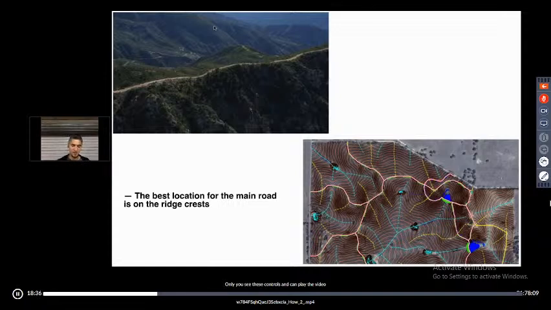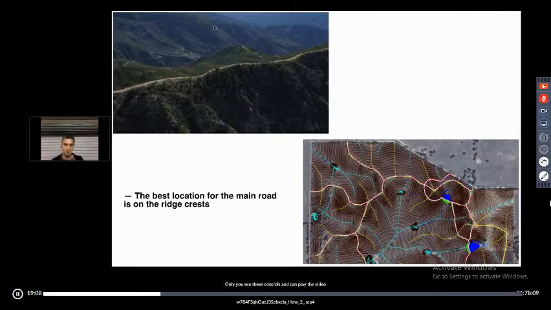They're easy to maintain compared to the ones in the valley that are constantly exposed to erosion. And as I said, from a ridge, gravity takes water in directions away from the road. So by doing so, we don't have any accumulation or washing out of any road material. And we'll see later how the roads themselves are designed.